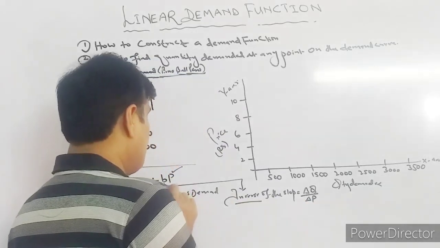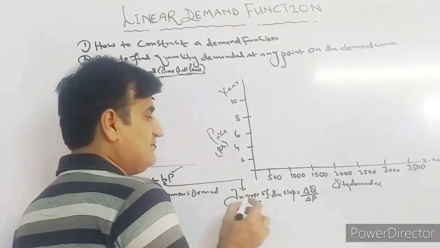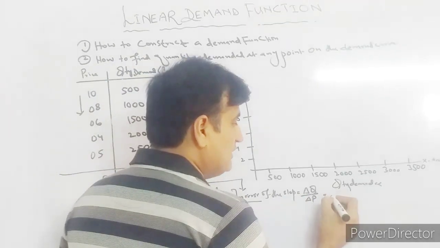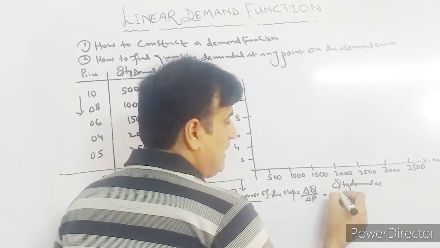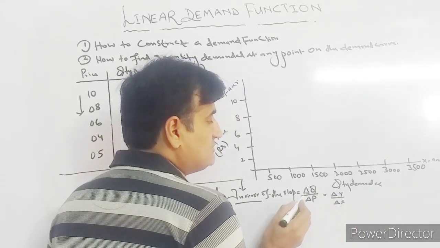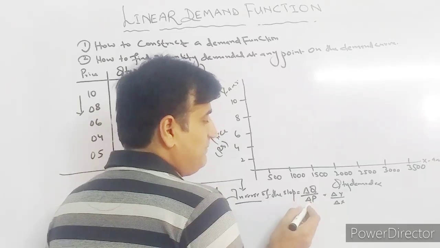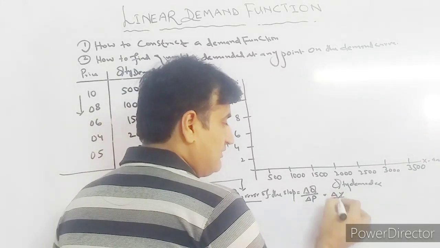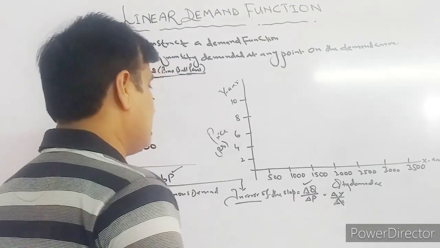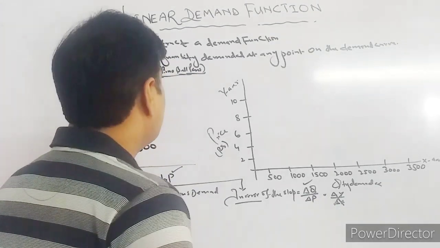It means B, or beta, is the inverse of the slope, not the slope, because the slope is equal to change in y with respect to change in x. But here we are dealing with change in x with respect to change in y. So that's why beta is equal to change in Q with respect to change in price.